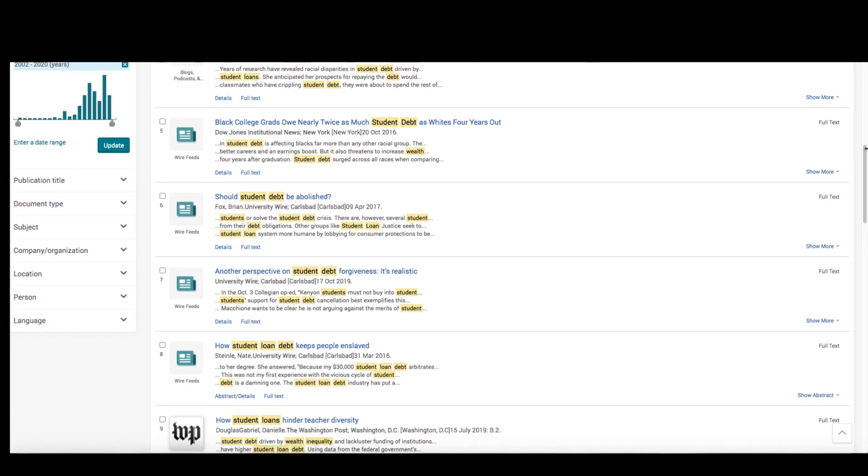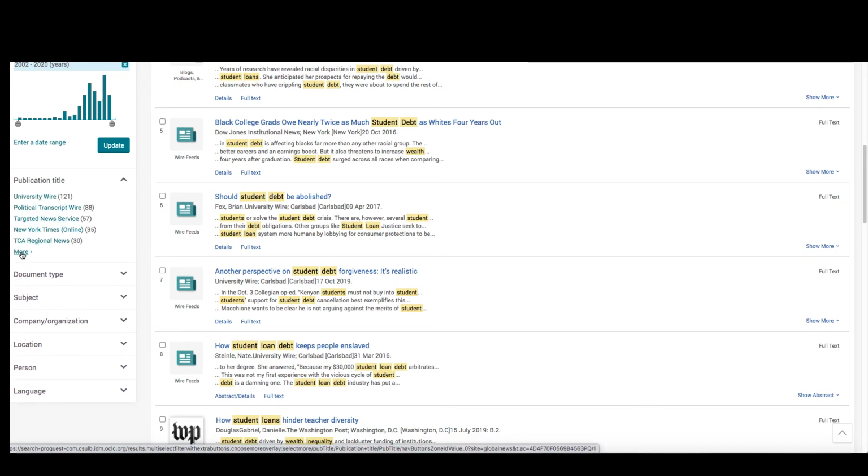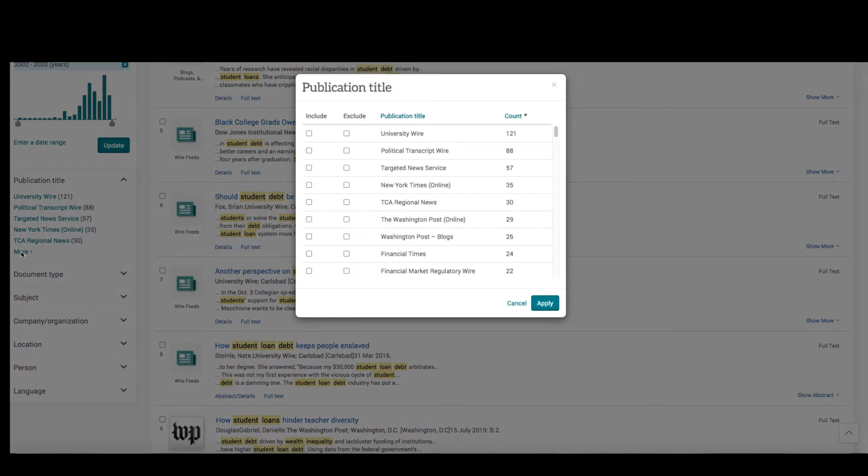We're going to go down here to publication title. I find that that's a very useful filter. And we're going to click more. And what you want to look for are well-known mainstream publications. Now, if you're looking for campus papers, you could mark University Wire. I would suggest the New York Times, the Washington Post.